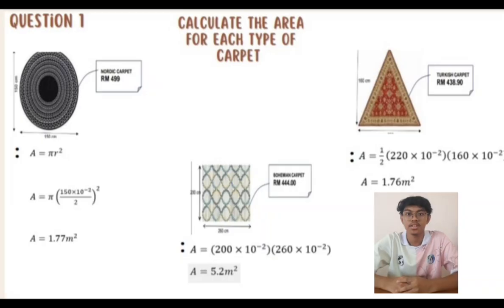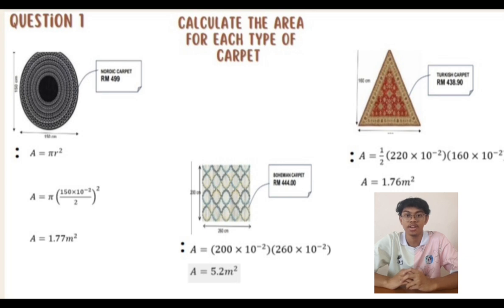This slide is for the solution and explanation for problem number 1, and question 1 is to calculate the area for each carpet. There are three types of carpet that have different areas and different shapes. First, the Nordic carpet has a round shape, and we calculate the area as 1.77 square meters using the round formula, pi times radius squared.